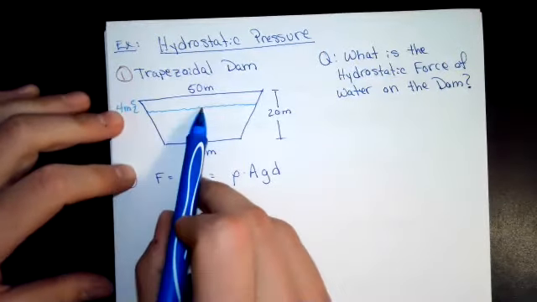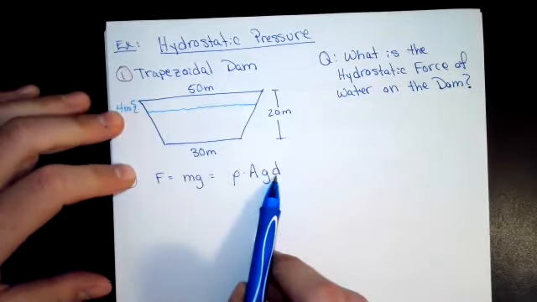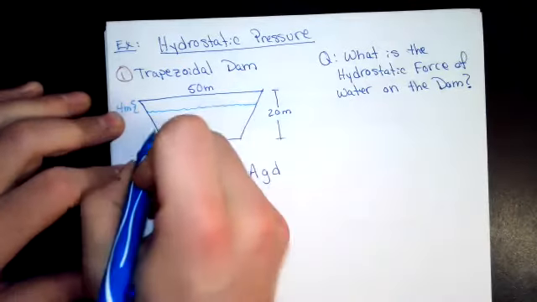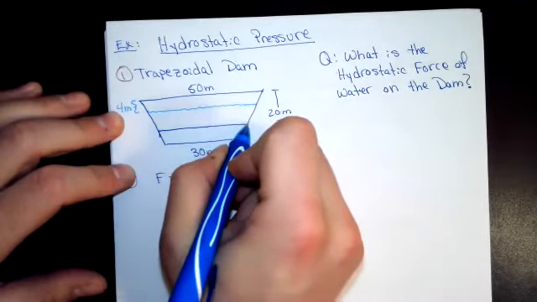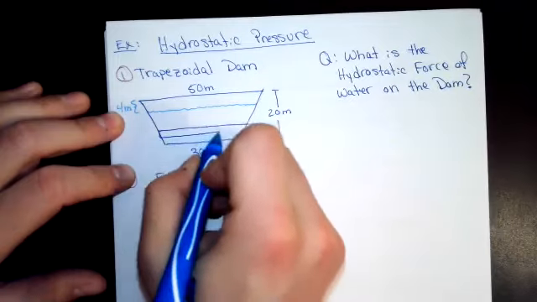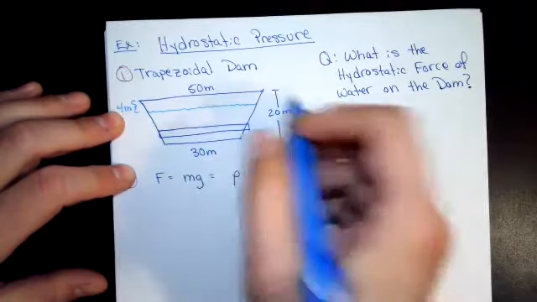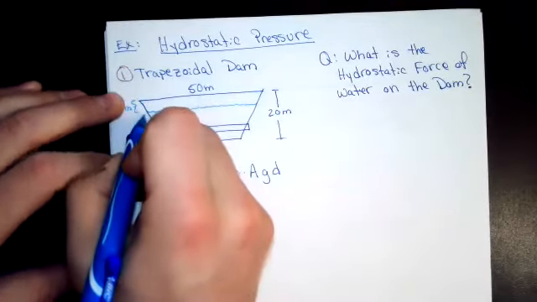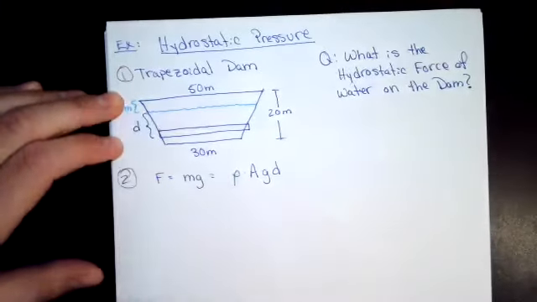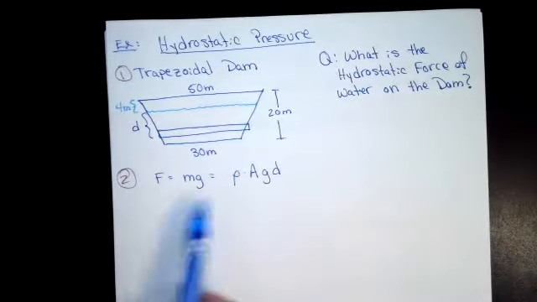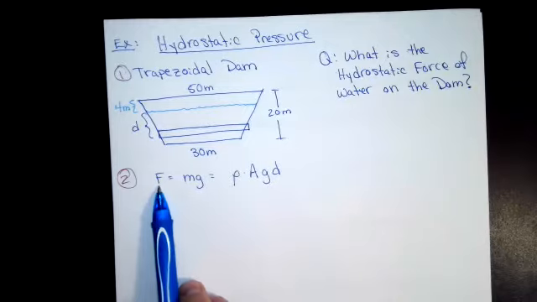And so the deeper we go, the more pressure there is. And so if we cut this guy up horizontally, then at whatever depth the water is at, there's going to be more force.